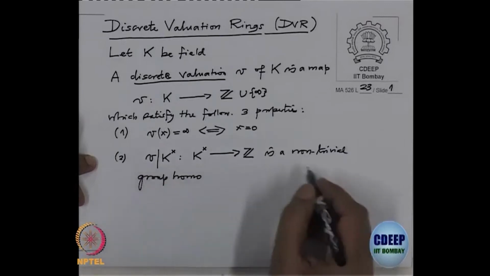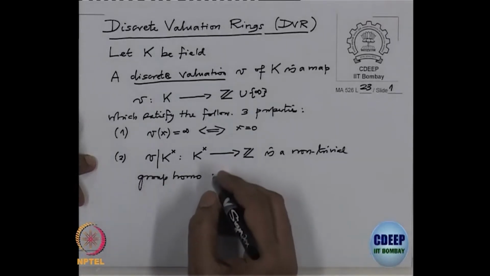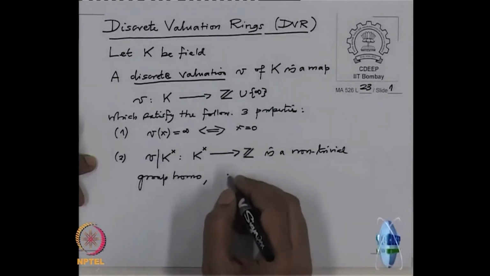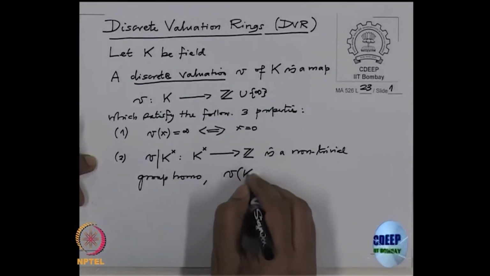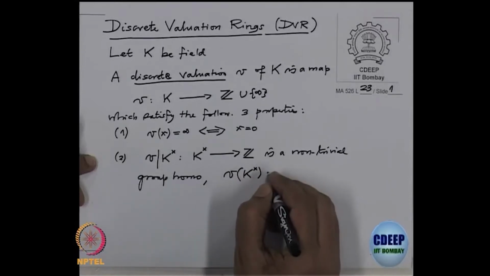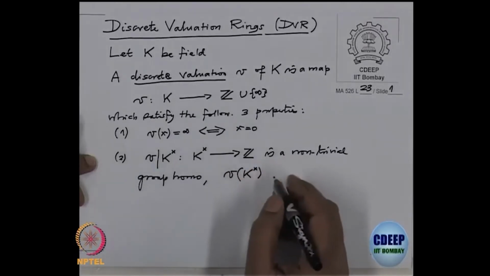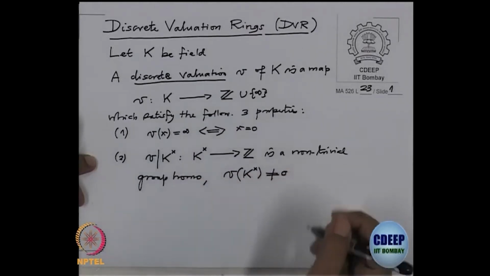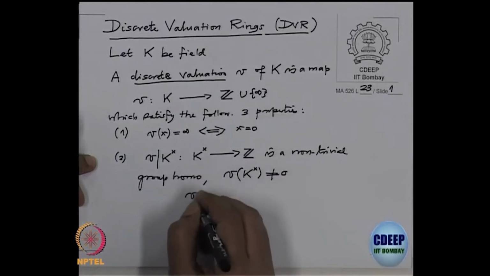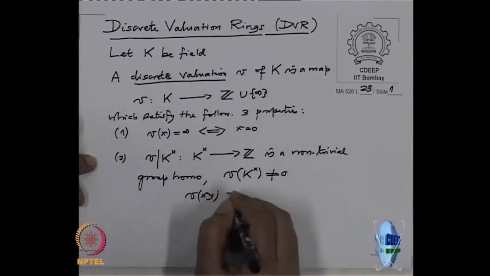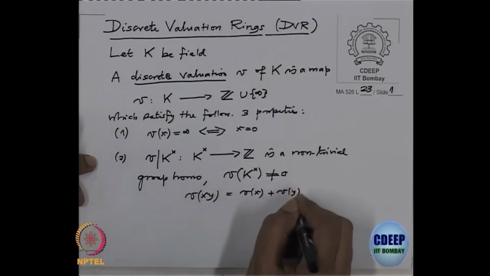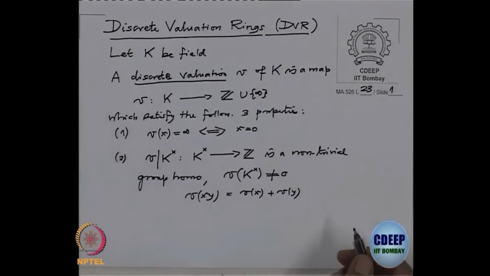Non-trivial means everybody can't go to 0, so at least one element of K cross should go to something other than 0. And V of xy equals Vx plus Vy, that is the meaning of group homomorphism. Automatically 1 will go to 0.